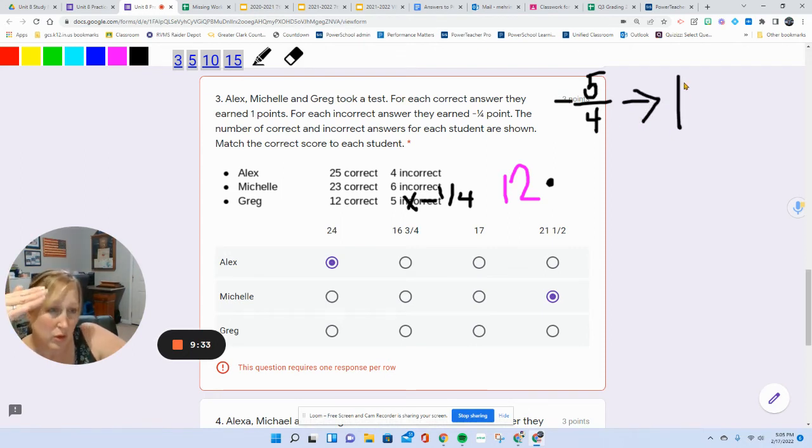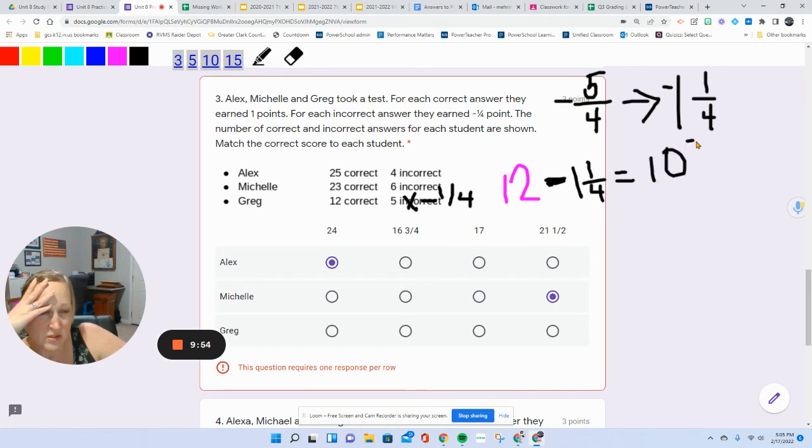I have 1 whole and 1/4 left. So that'll be 12 minus 1 and 1/4. What did I do wrong? Oh, well, look, people, we found another error. 12 minus 1 and 1/4 would be 10 and 3/4. Yeah.